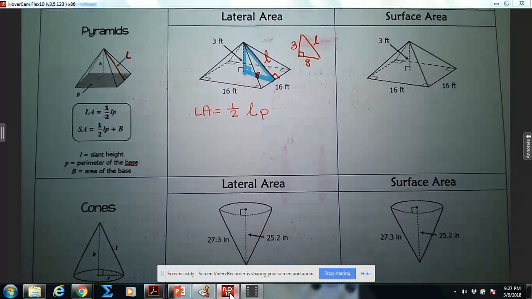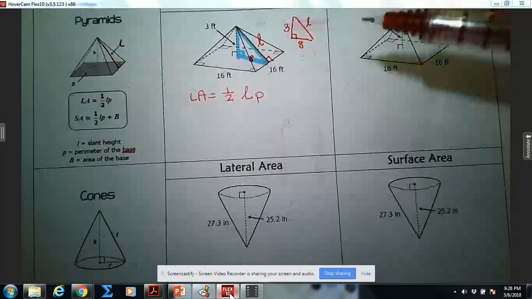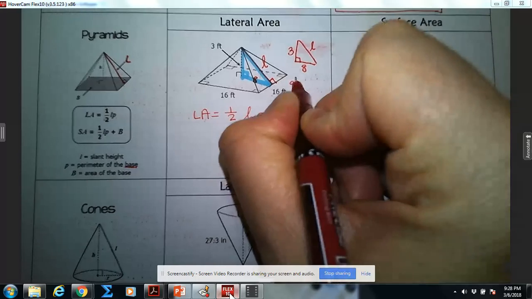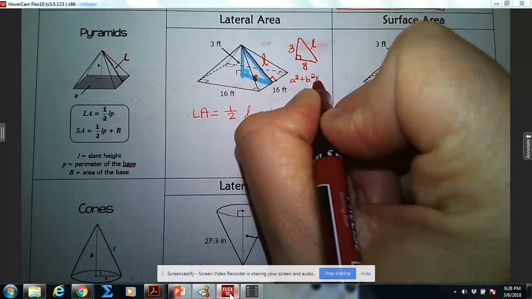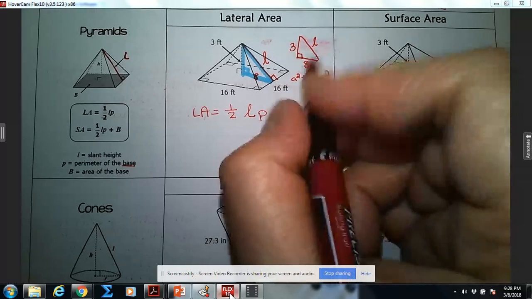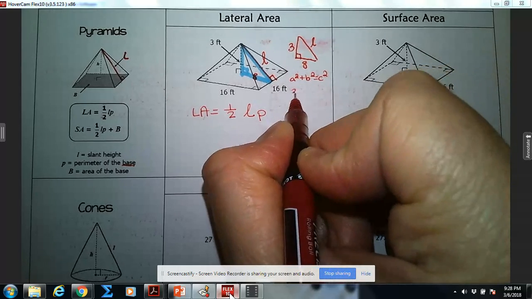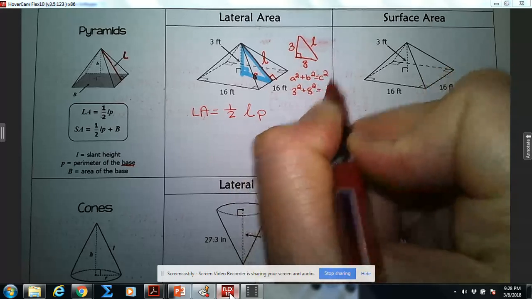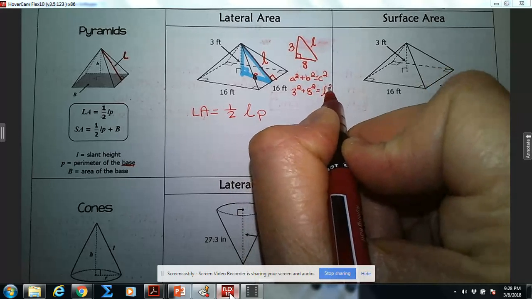So now I have enough information to use the Pythagorean theorem: a squared plus b squared equals c squared, where c is the hypotenuse. I'm going to use 3 as one leg, 8 as another leg, and I'm trying to find the hypotenuse.